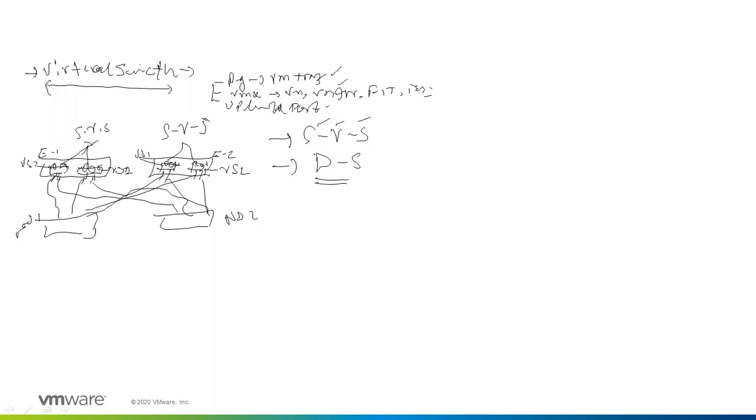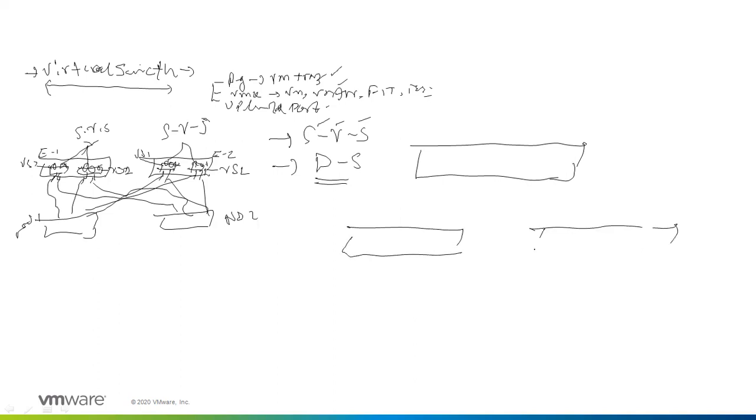Our distributed switch is primarily created at the vCenter level, and that is replicated on each and every physical host as a hidden virtual switch. Okay. So when we create the distributed switch at the vCenter server level, we have to first map the available ESXi hosts, that is, which ESXi hosts are going to use this distributed switch.